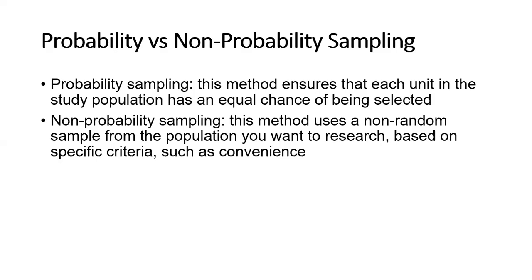You may decide to just visit the schools that are close to you, that are not far away, that will involve less expenses on transport and other things, and then just collect your sample and go ahead with the research. That's convenience sampling.